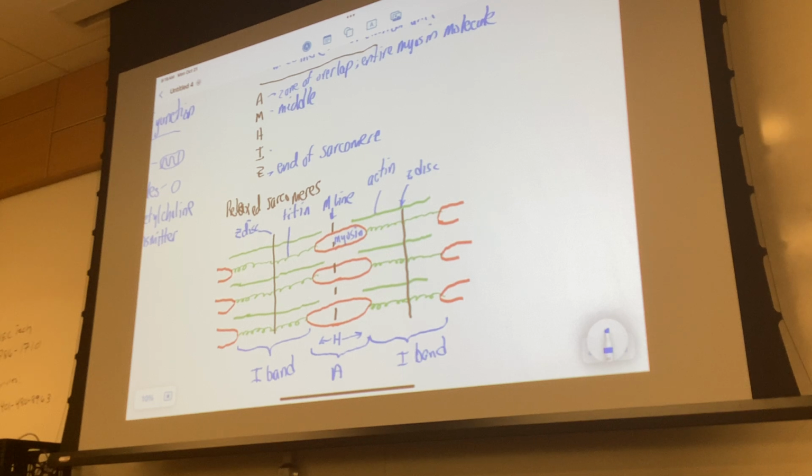The I band is the area where there's green here. It's a combination of actin and then the very, very thin protein called titin. So this is the light area here. And then the H zone is just the area of myosin only.